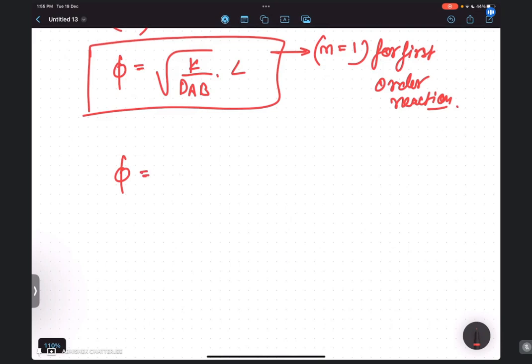This phi will be equal to root under (n plus 1) into k double dash, divided by CAS to the power n minus 1, and divided by 2 into DAB.